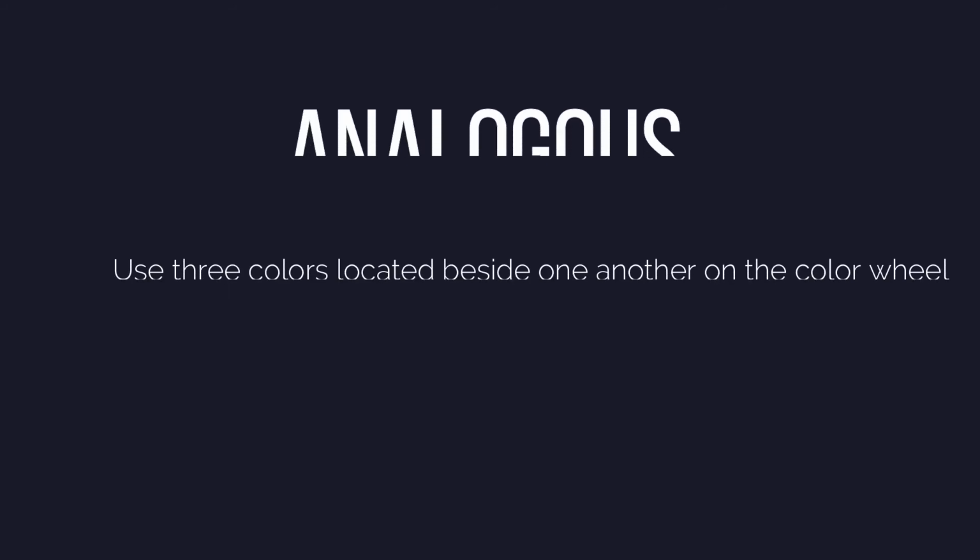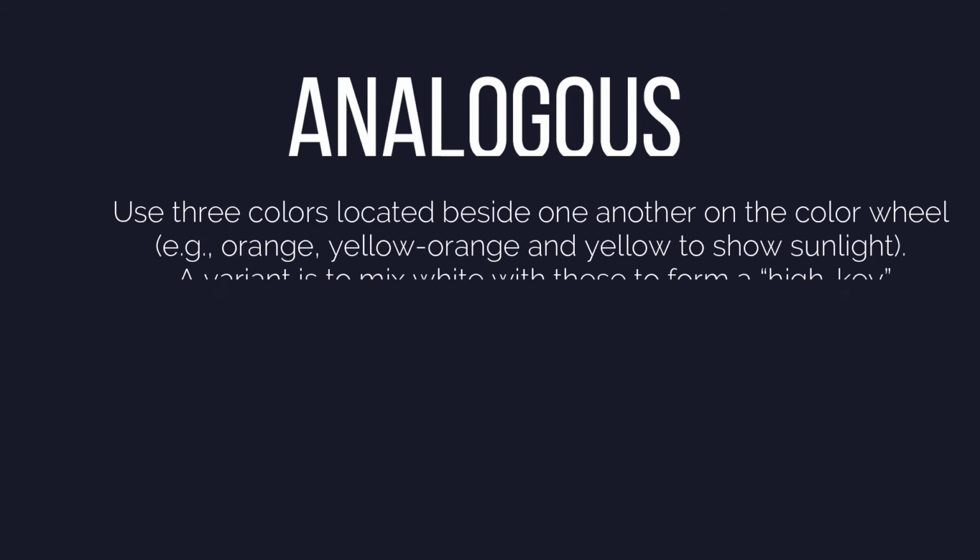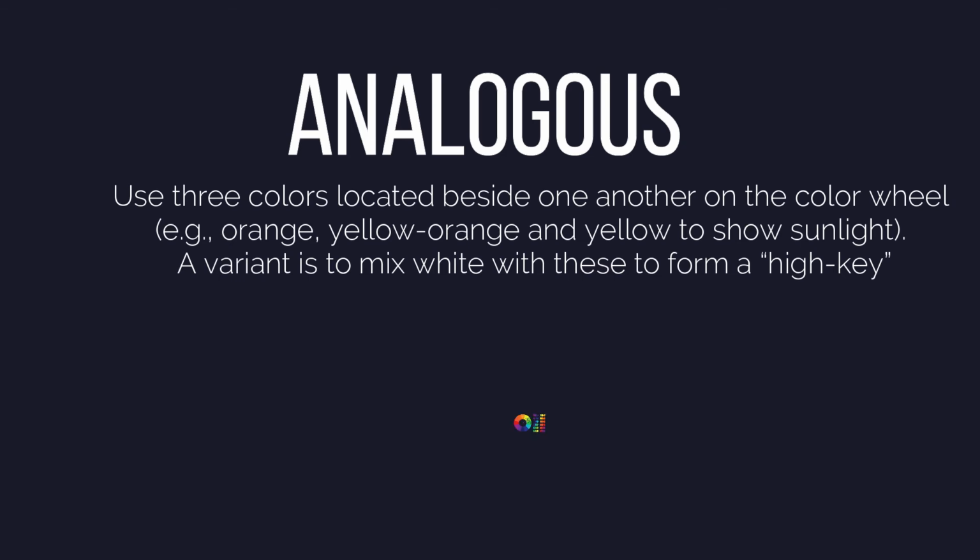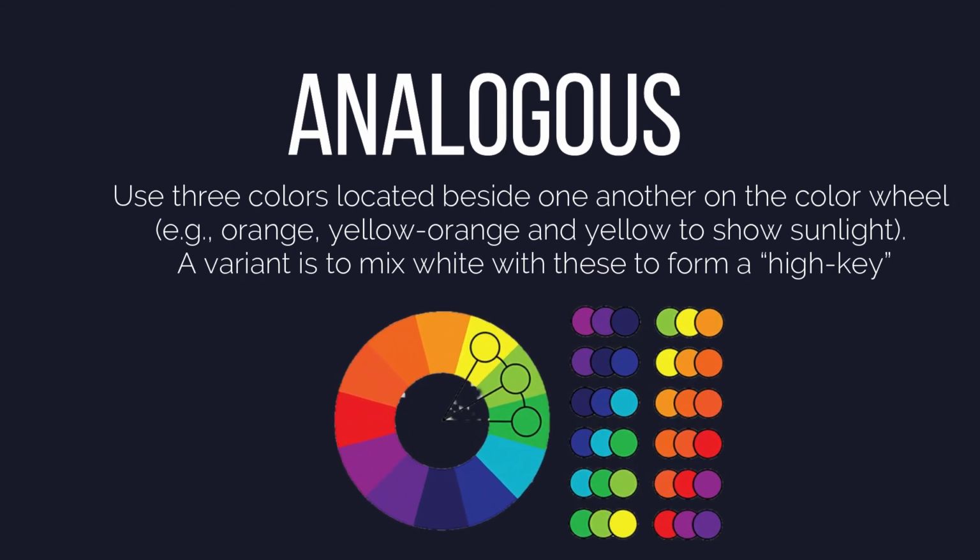Number 2 of the color scheme is the analogous color. This is when you use 3 colors located beside one another on the color wheel. For example, orange, yellow, and probably red together.